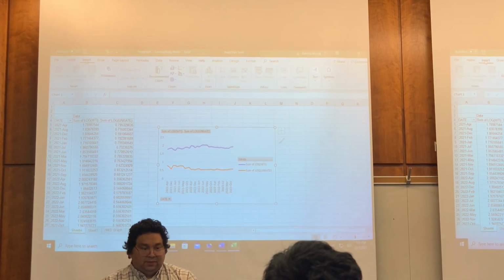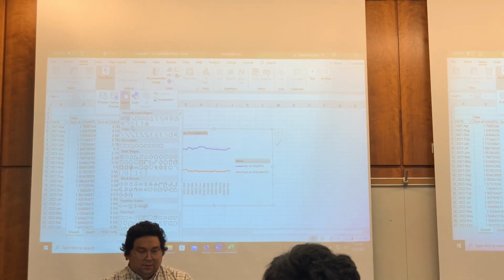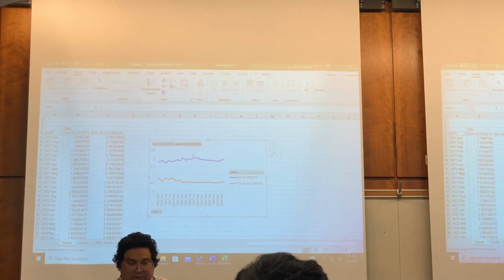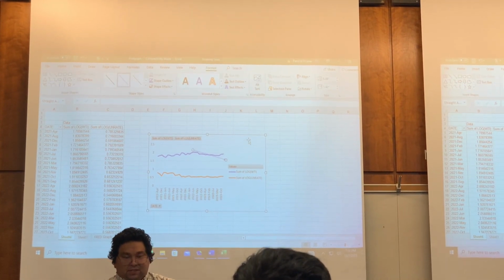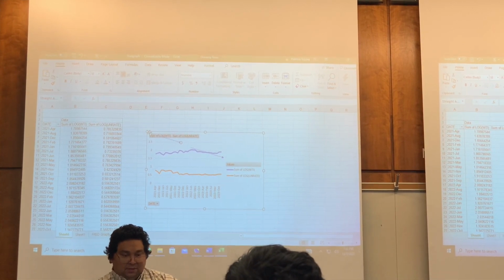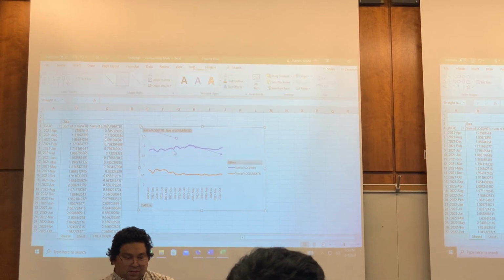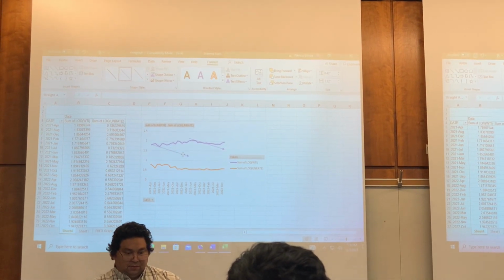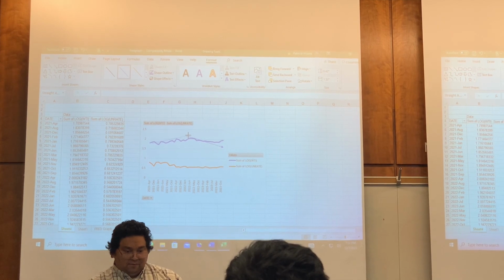Look at this. If I insert here, so the trend here is negative. Do you see the trend? And here, the trend, the slope in this section is positive.